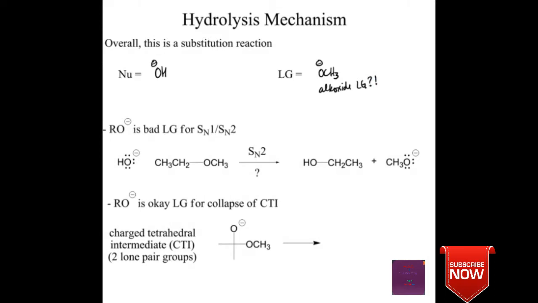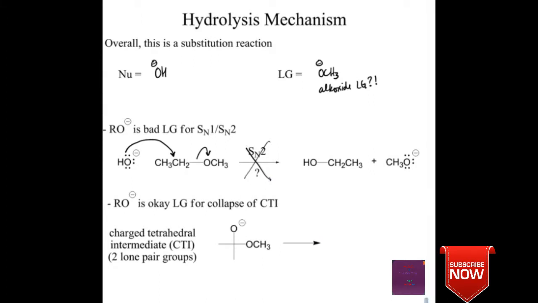And that's because in the mechanisms we've seen up till now, an alkoxide was not a permissible leaving group. So for example, if we want to do an SN1 or an SN2, or E1 or E2 for that matter, but if we want to do a substitution mechanism that is unimolecular or bimolecular, something like this, if we thought of this hydroxide coming in and just kicking out methoxide as a leaving group, that would never happen.